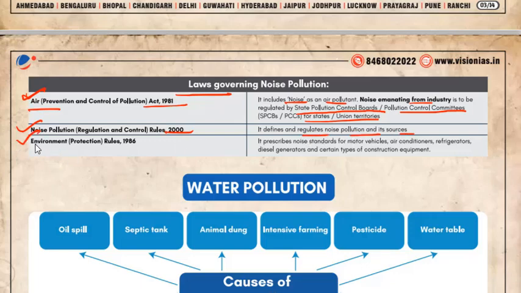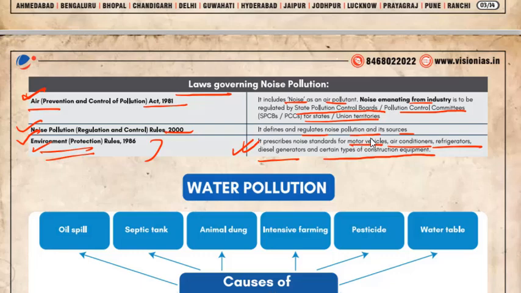Next important is the Environmental Protection Rules of 1986. It covers all. First is the Air Prevention and Control Act 1981, and next you should remember the Environment Protection Rules of 1986. It prescribes noise standards for motor vehicles, how much sound they can release, air conditioners, refrigerators, diesel generators, and certain types of construction equipment. Every type is given under the Environmental Protection Rules of 1986.